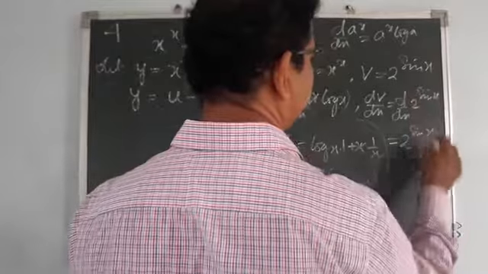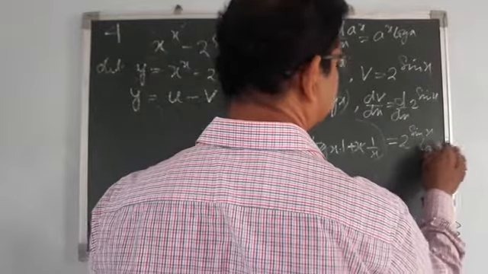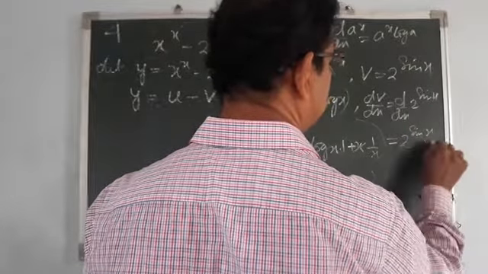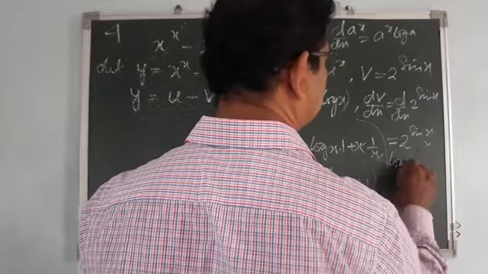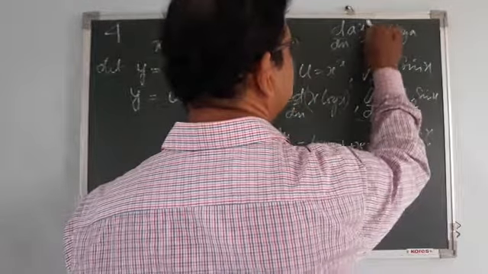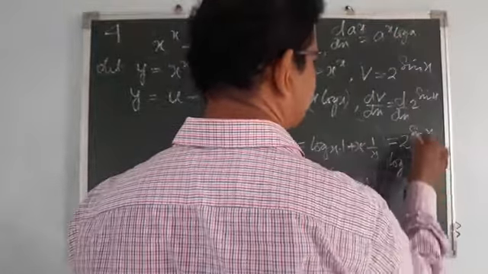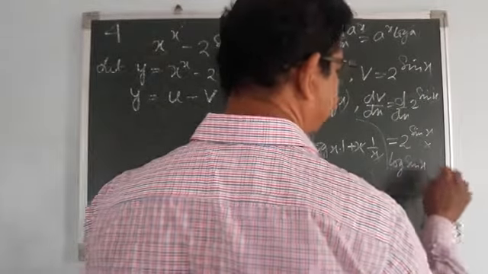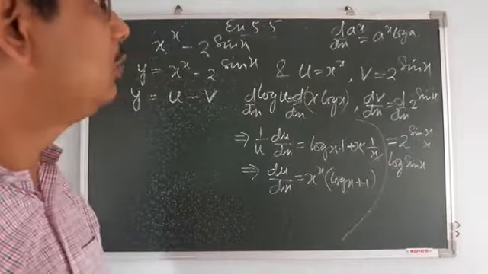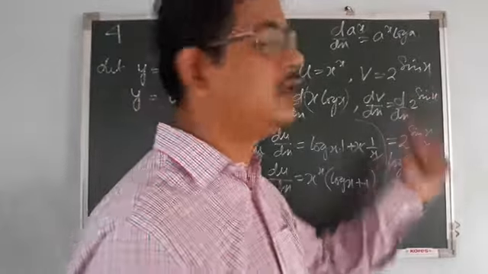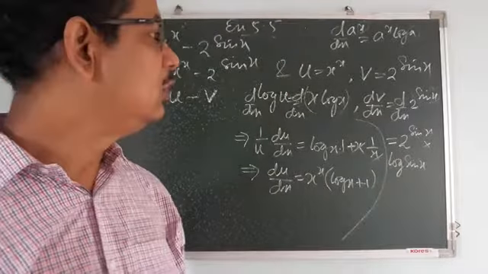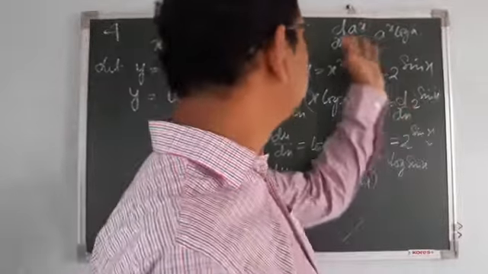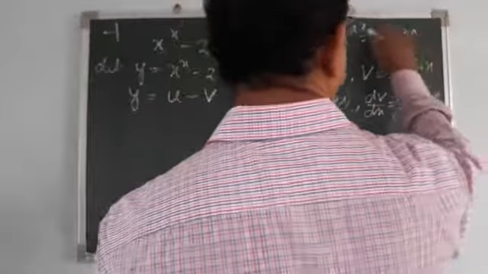Just to use this formula, I will write into log, here it is x, there it is written x. Here it is sin x, so you will write here sin x. Then what you have to do? You have to differentiate sin x again. It is the rule, chain rule. In this formula, it is a to the power x.